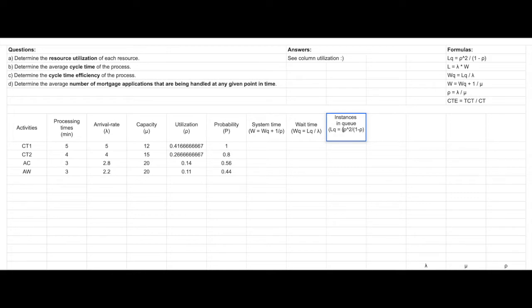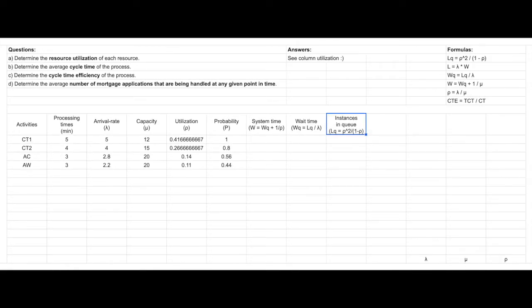Let me just take this out to make it a bit more readable. To calculate the instances in queue, we need the resource utilization, which we already have. So let's start calculating LQ.